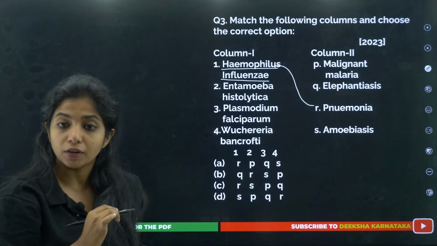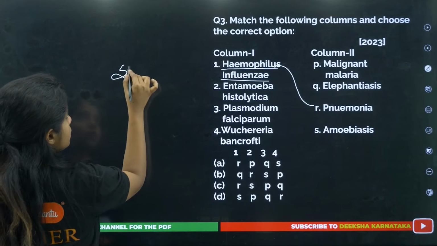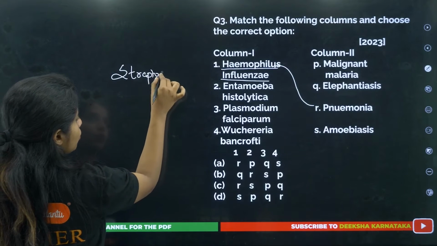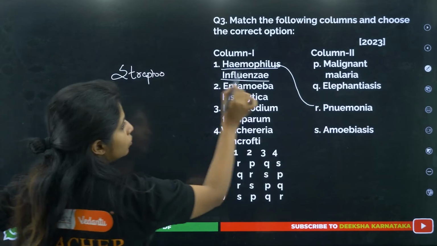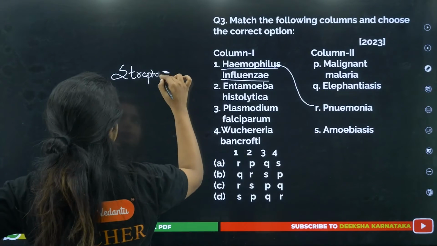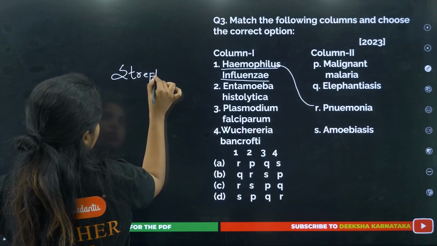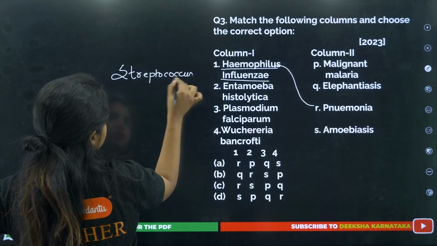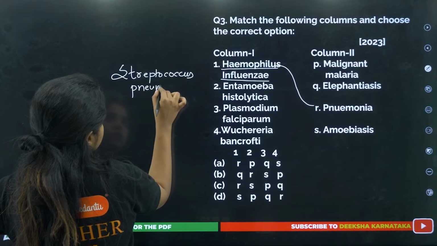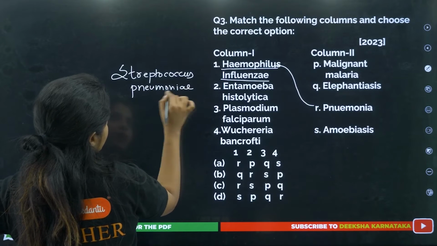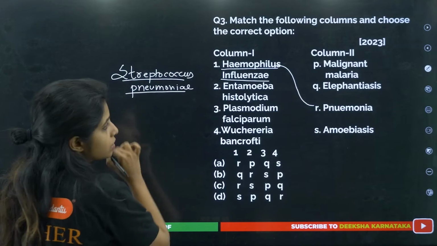Apart from Haemophilus influenzae, there is Streptococcus pneumoniae as well, which causes pneumonia.